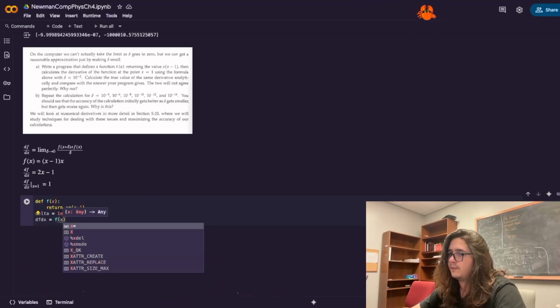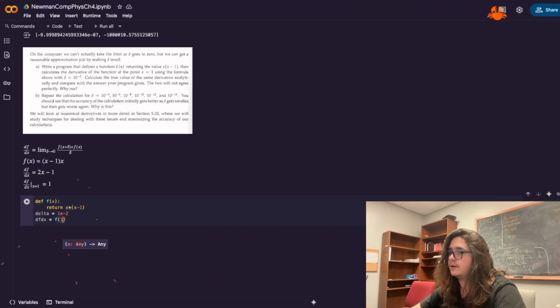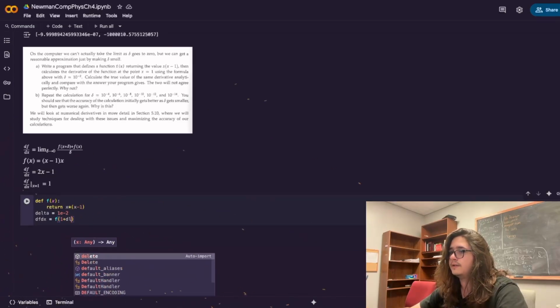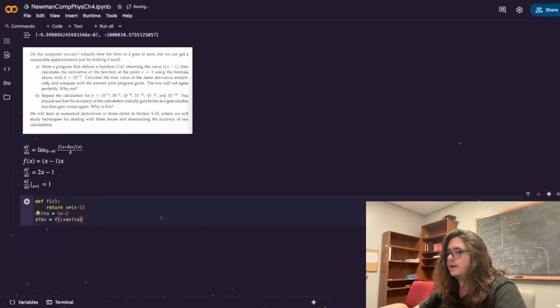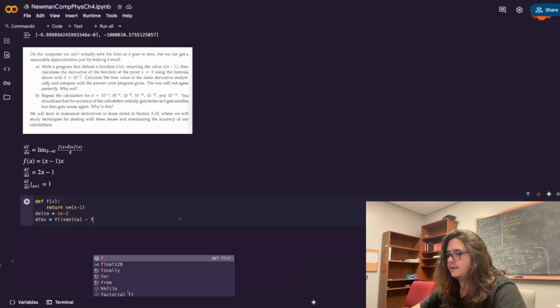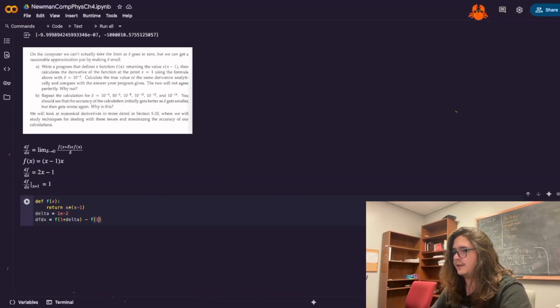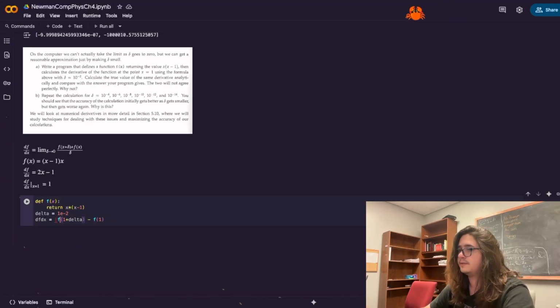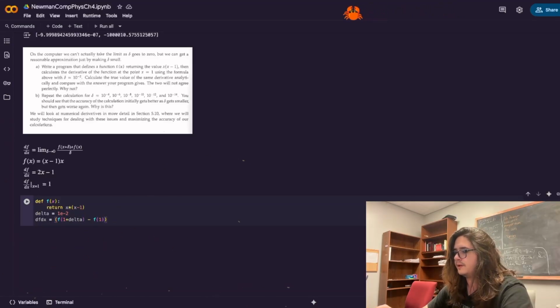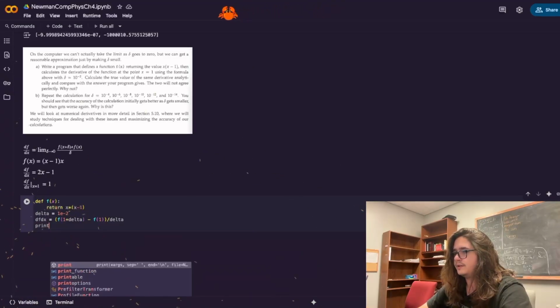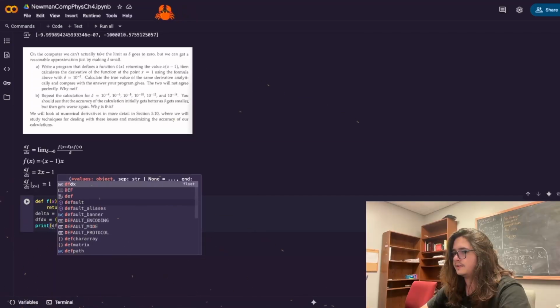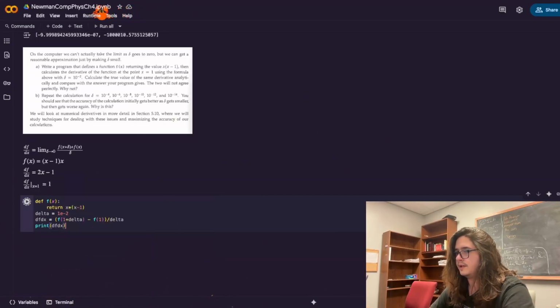And actually, we're plugging in 1 for x, so it's going to be f of 1 plus delta, minus f of 1. Yeah, but then you divide the whole thing by delta. So all divided by delta, and we'll have it print df/dx. And we'll see what we get.